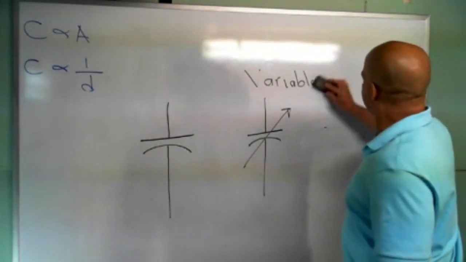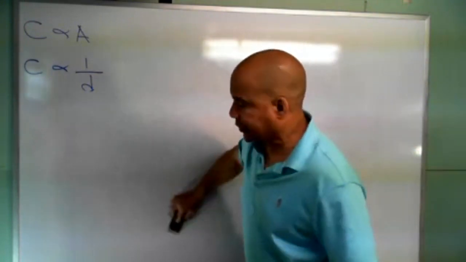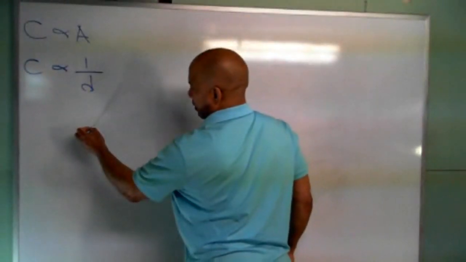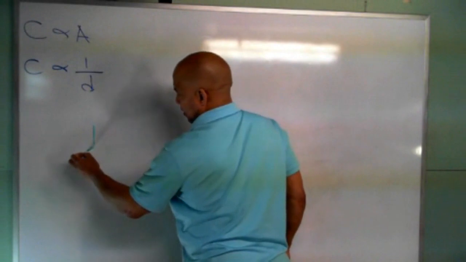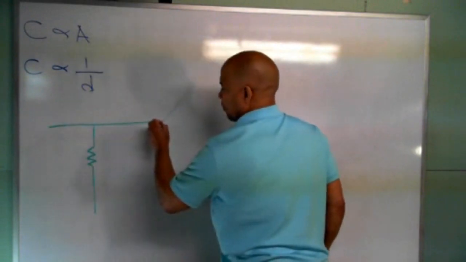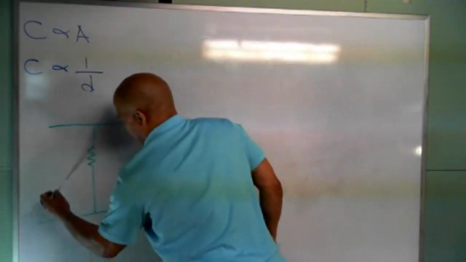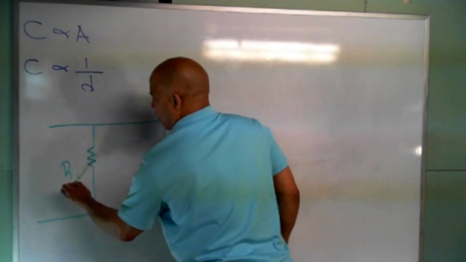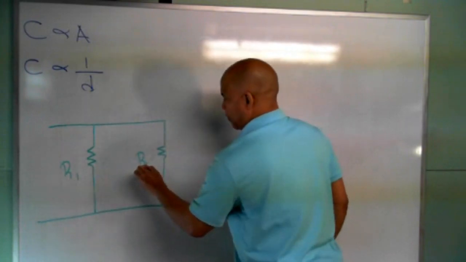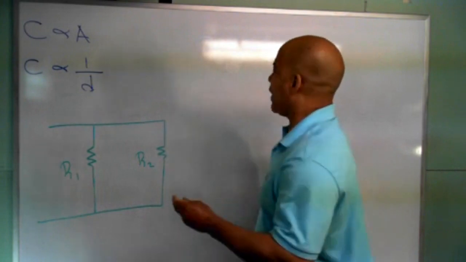Now here's what I want to show you. Let's review something that you already know for resistors. Really, really simple concept. You know that if I have two resistors in parallel, R1 and R2, and I say, all right, find the total resistance, you'll say, well, that's easy.